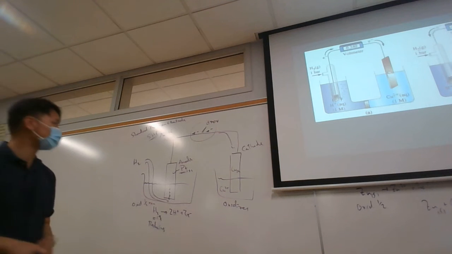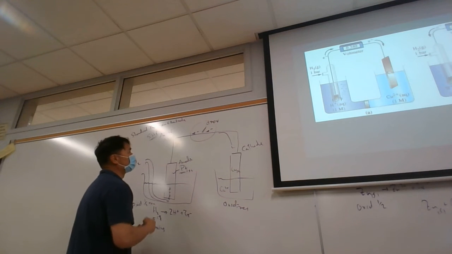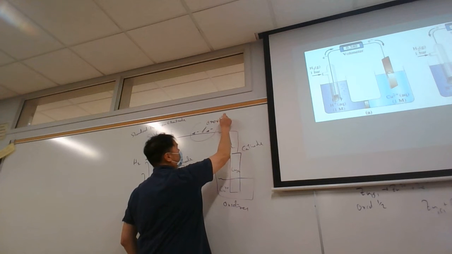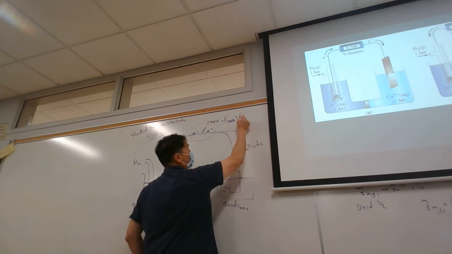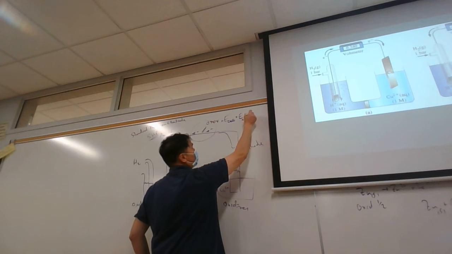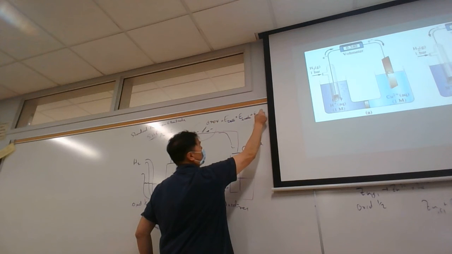We see it for ions. And so this is what we're going to do. The cell voltage, which we're going to call E, electromotive force, E of the cell, is equal to E of the anode plus E of the cathode.